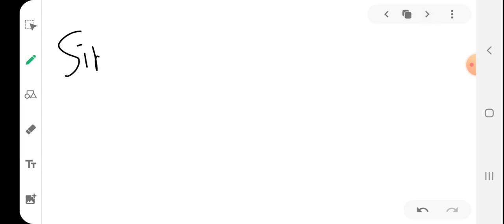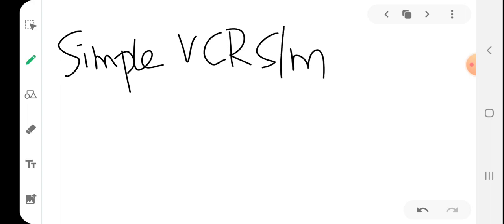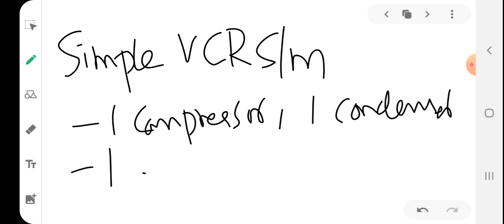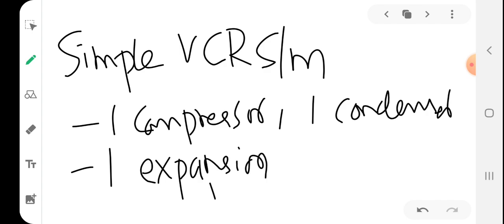Simple VCR means simple VCR system. It consists of one compressor, one condenser, one expansion valve, and finally one evaporator, right?